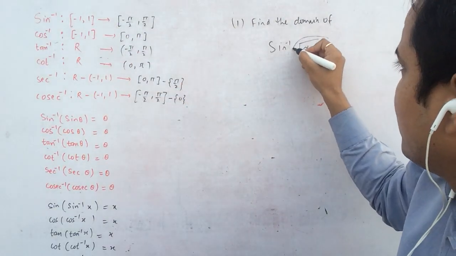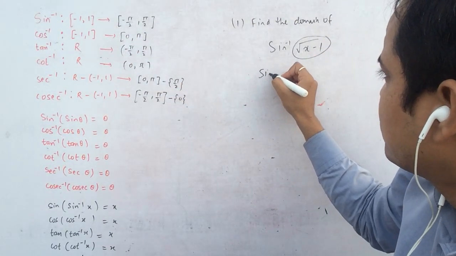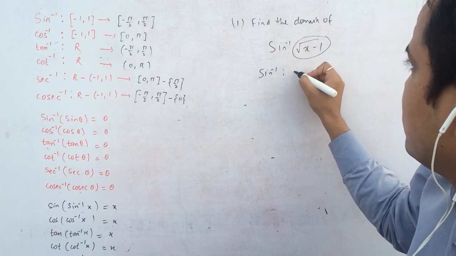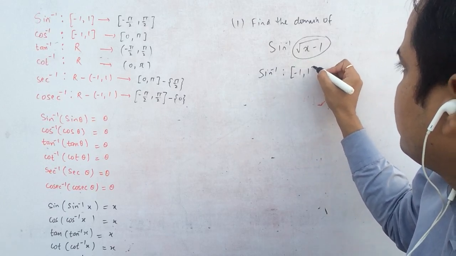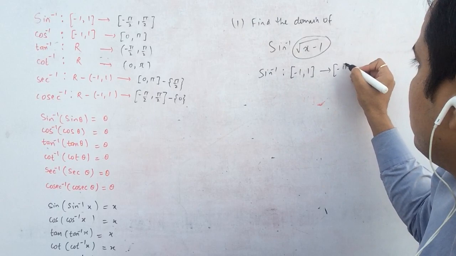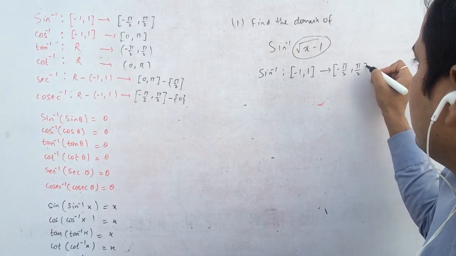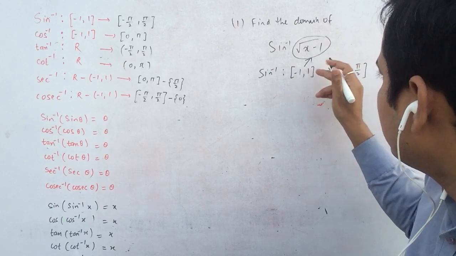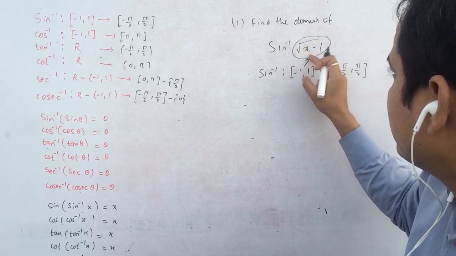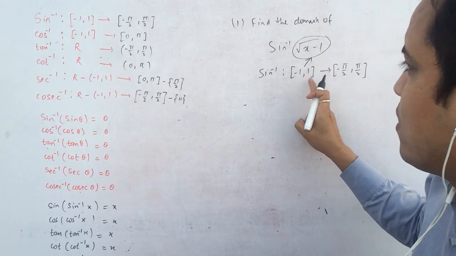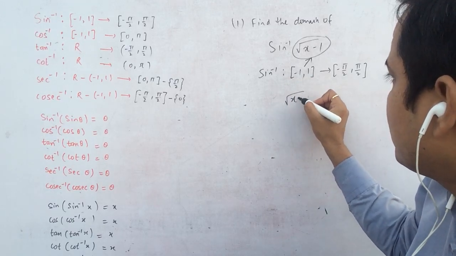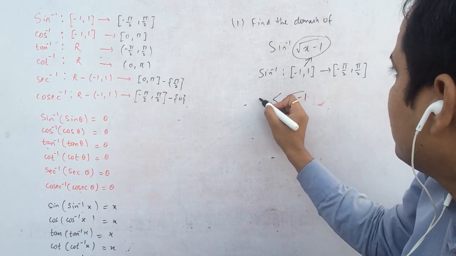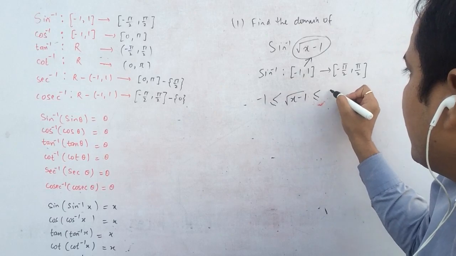We know this function is defined on the closed interval [-1, 1] to [-π/2, π/2]. Since we are talking about the value of x, the domain is related to this root. So root x minus 1 lies between -1 and 1.